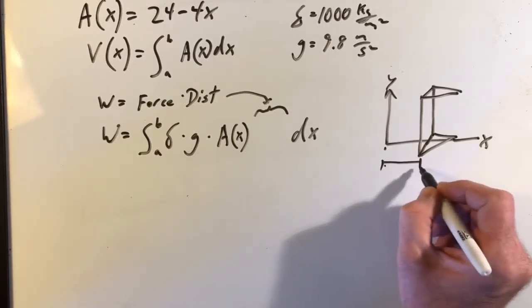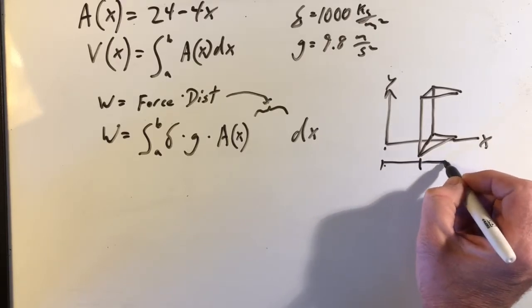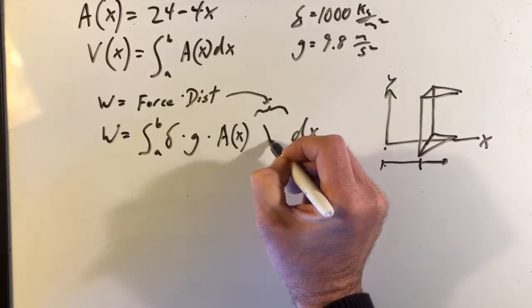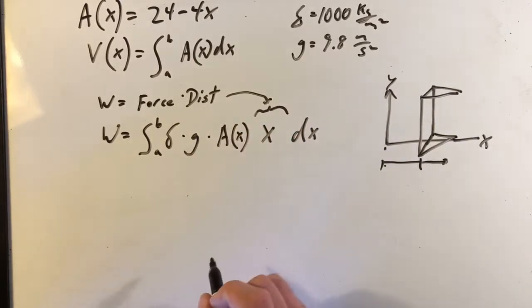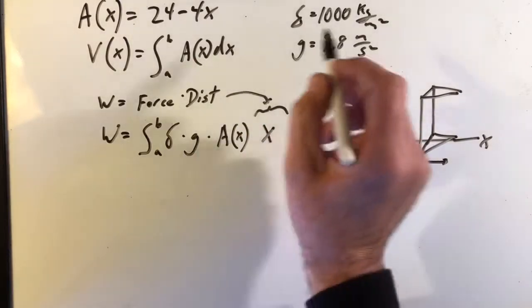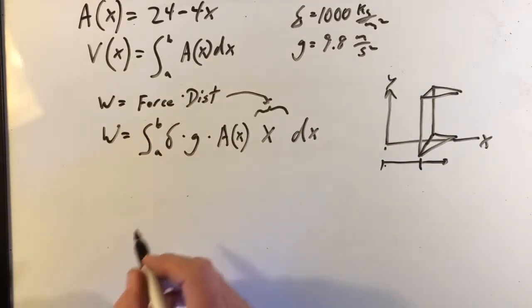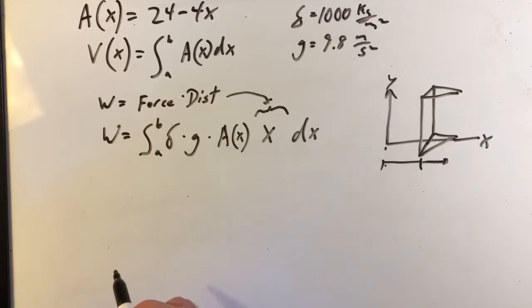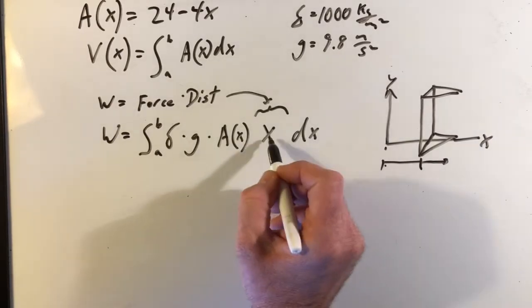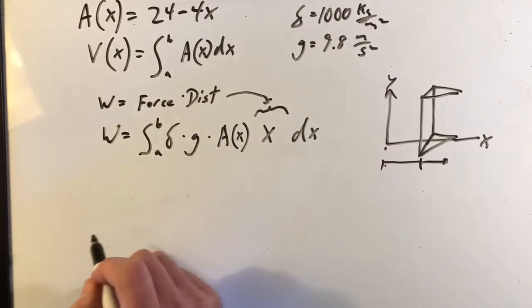As our x goes along here, we can just put in an x there, and that takes care of that distance. There's nothing fancy about it. It unfortunately complicates things a little bit, but that's just the way it is. You're just going to be left with what you're left with. Alright, so that's the distance. The force is the rest of it.